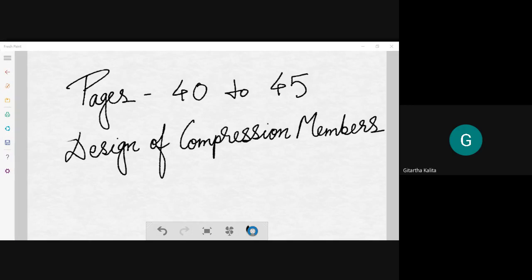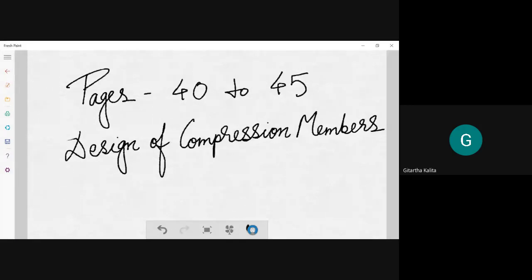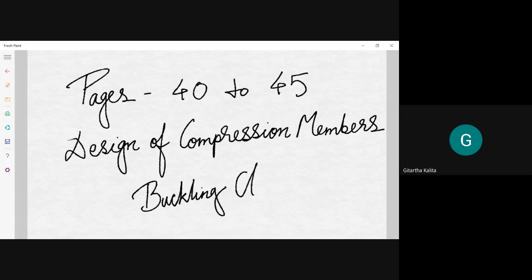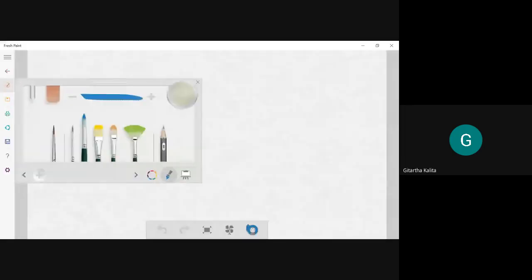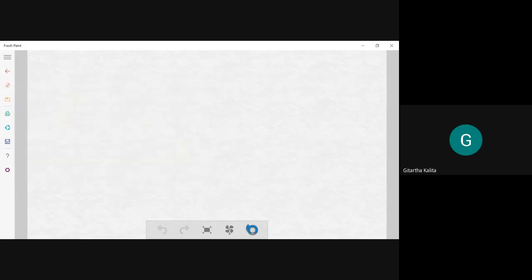There is one point which you need to understand before going to the analysis, which is called buckling class. Suppose there is one column here, and there is another column.